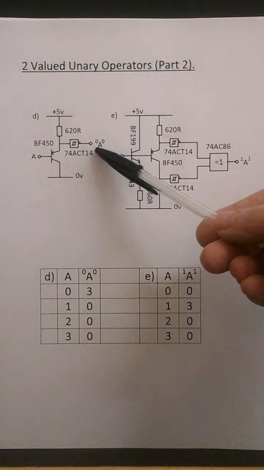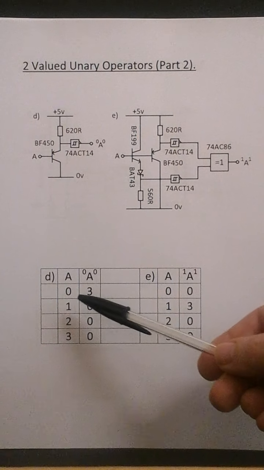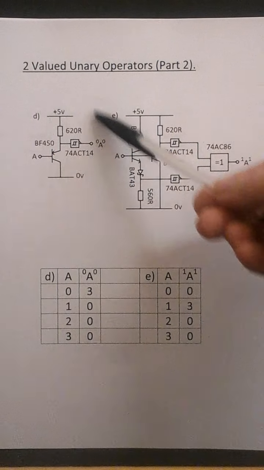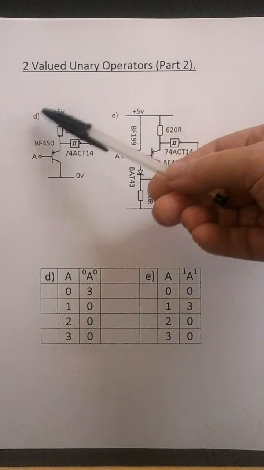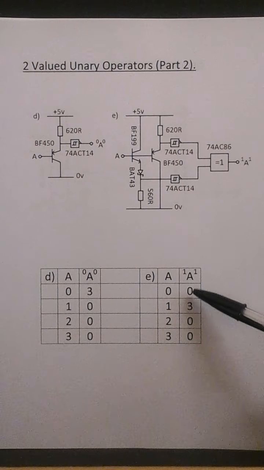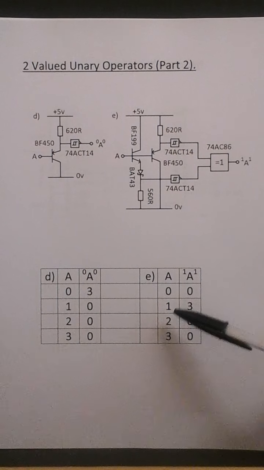So A00 is a 3 when A equals 0 and a 0 otherwise, and this is the input D here. For this, A11 is a 3 when A is a 1 and a 0 otherwise.